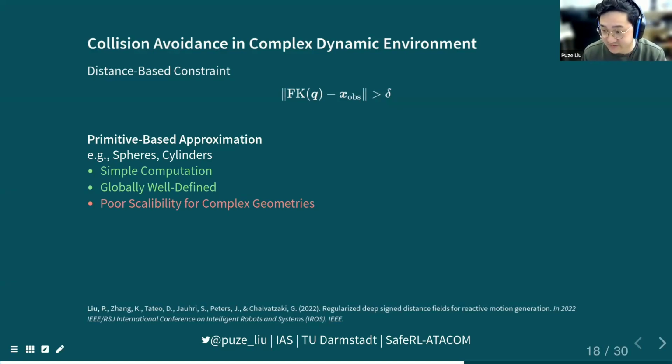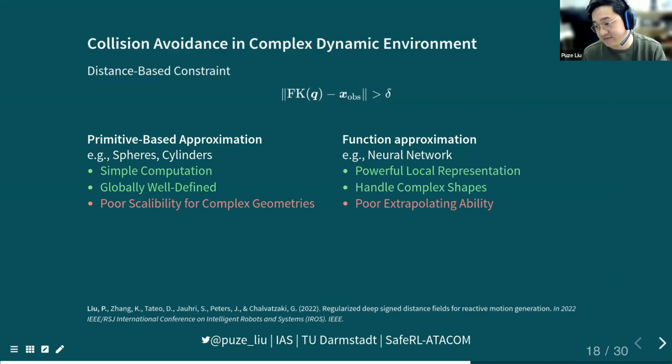This gives you a pretty simple computation, and the distance can be globally well defined. But it scales very poorly to more complex geometries. For example, if you want to model a shelf which has very thin plates, it would be very impractical to model this with spheres.